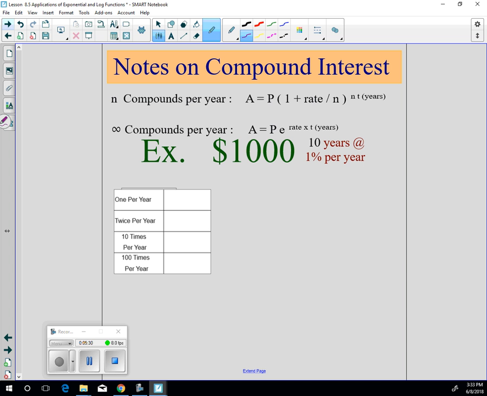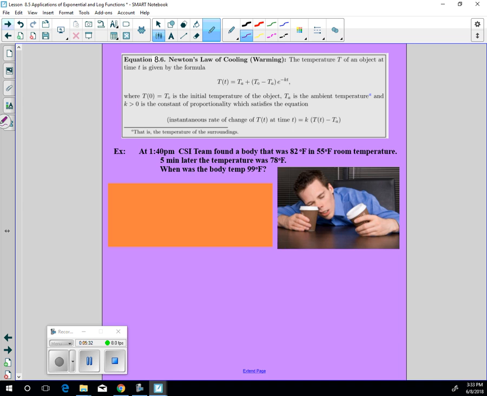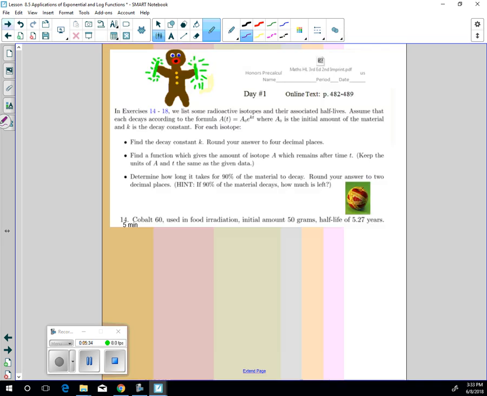Okay, and so you can look at growth of money. I'll let you look at these. You just pretty much just use those formulas. But I just wanted to show you what to do with this number 1 here. Find the decay constant and round to the nearest 4 decimals. Okay, so here's what we have. We have an initial amount, N0, of 50 grams, a half-life T equal to 5.27.